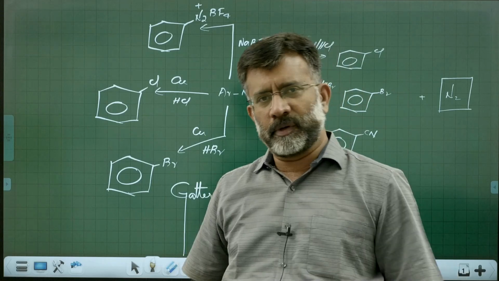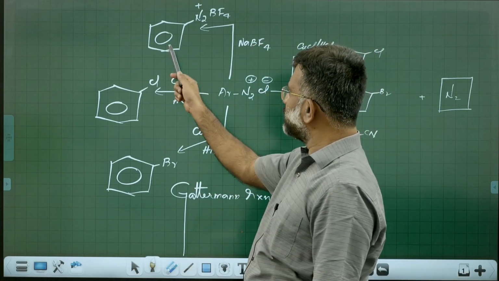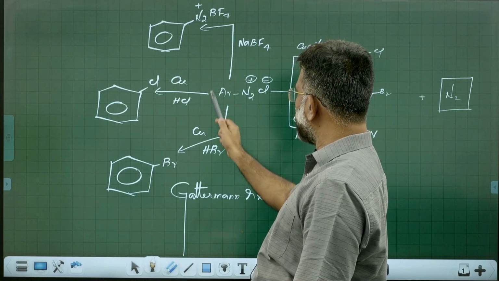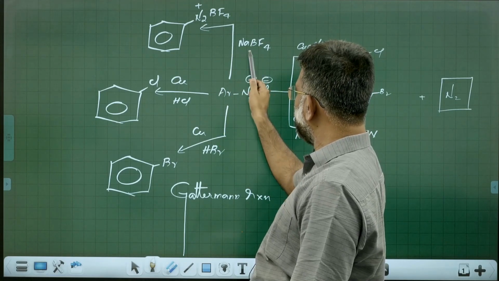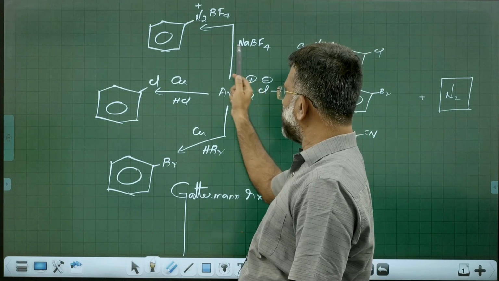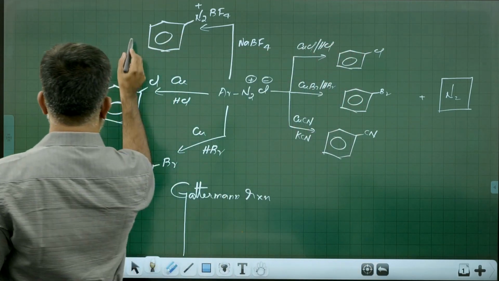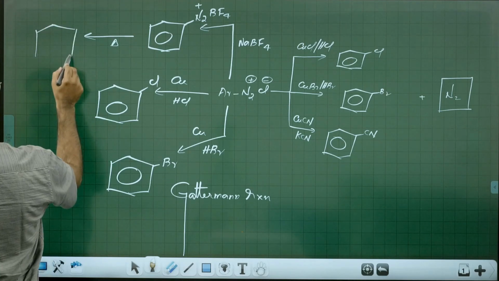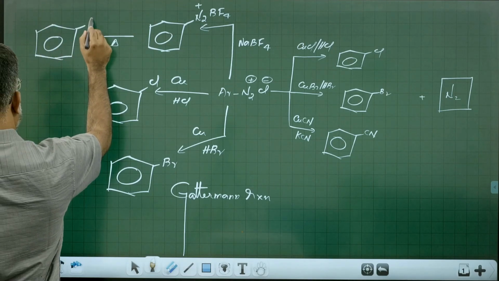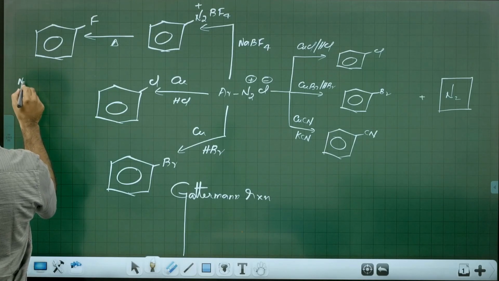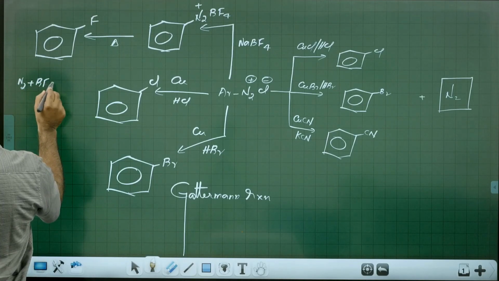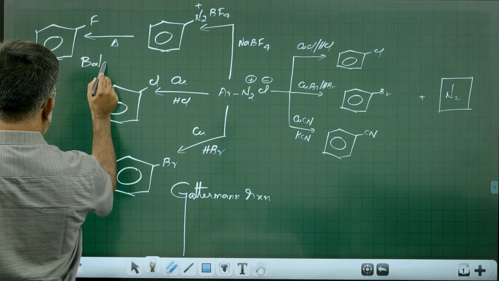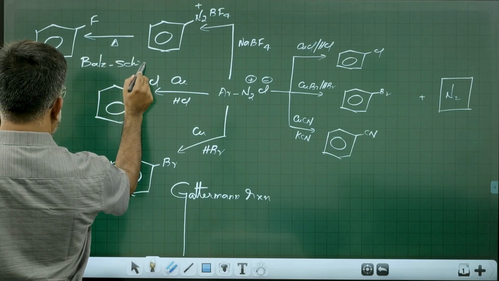Benzene diazonium fluoroborate is obtained by treating the normal benzene diazonium chloride with NaBF4 or HBF4. Upon heating, you get fluorobenzene, expelling nitrogen gas and BF3. The reaction is called the Balz-Schiemann reaction.